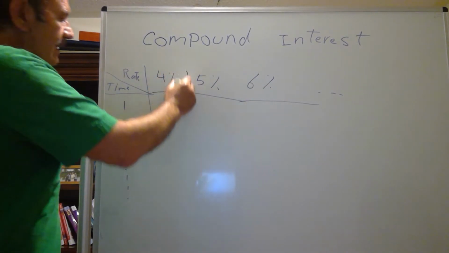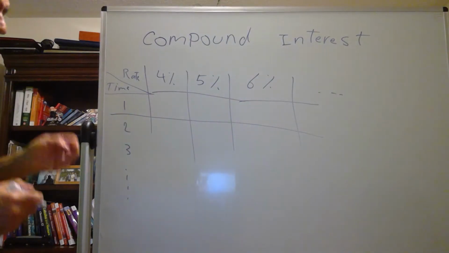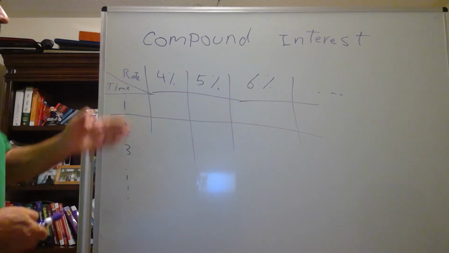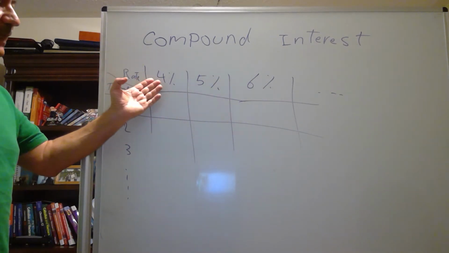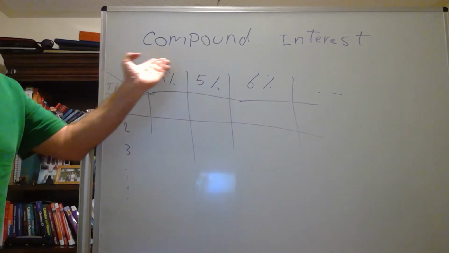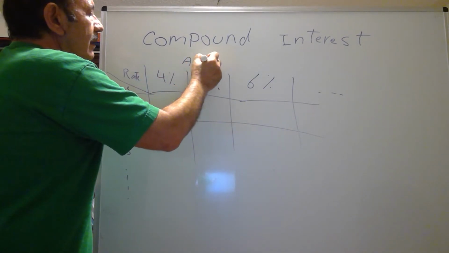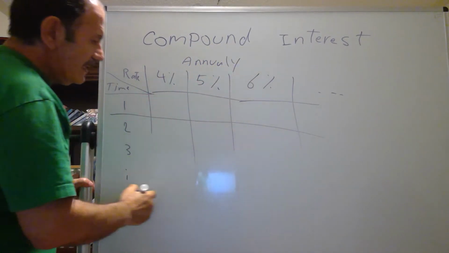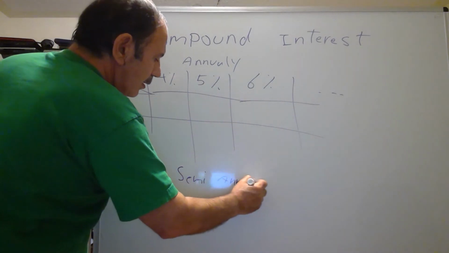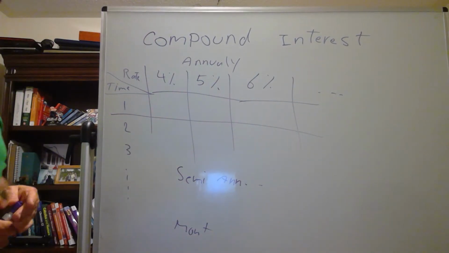Okay, and they already calculated the value. As an example, if I invest $10,000 for 1 year at 4%, the top of the table explains whether it's compounded annually, semi-annually, monthly, or daily.